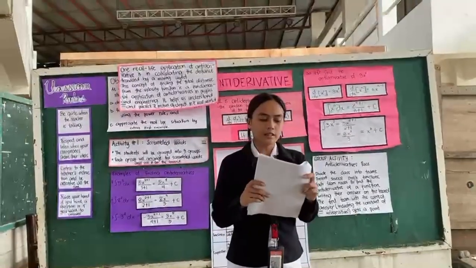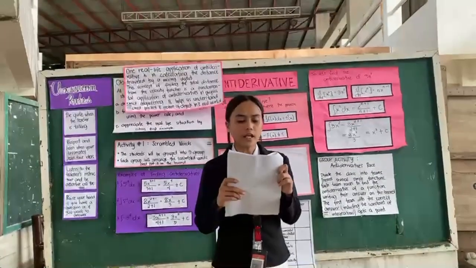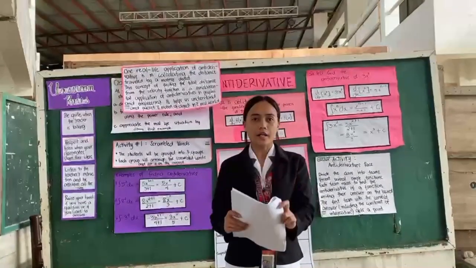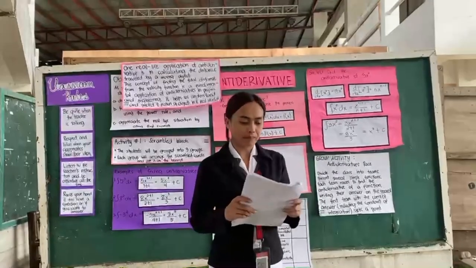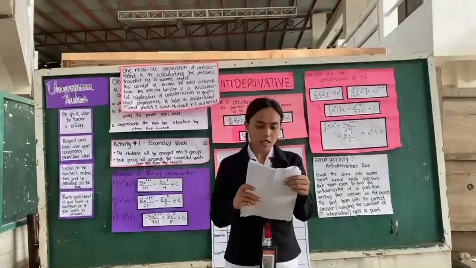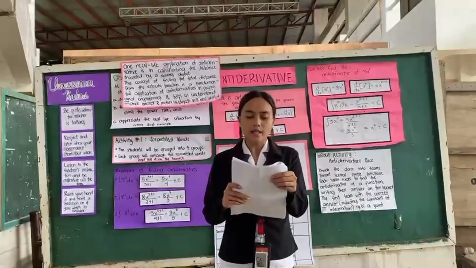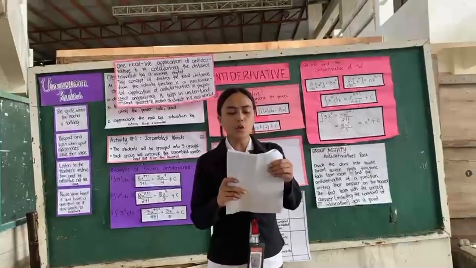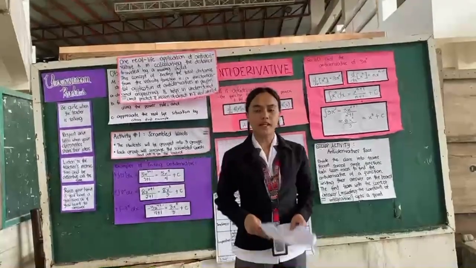C. The integral of x raised to the power of n dx is equal to x to the n plus 2 over n plus 2 plus c. D. The integral of x to the n is equal to x raised to the power of n plus 2 over n plus 1 plus c.